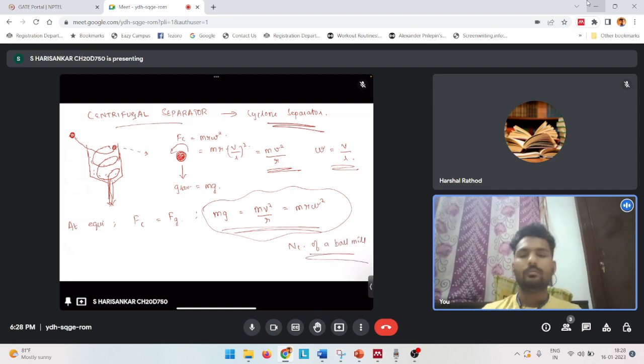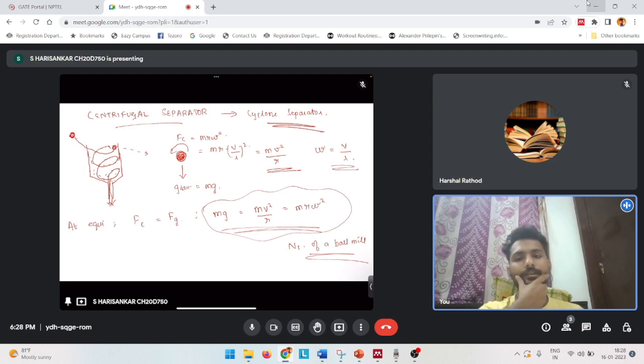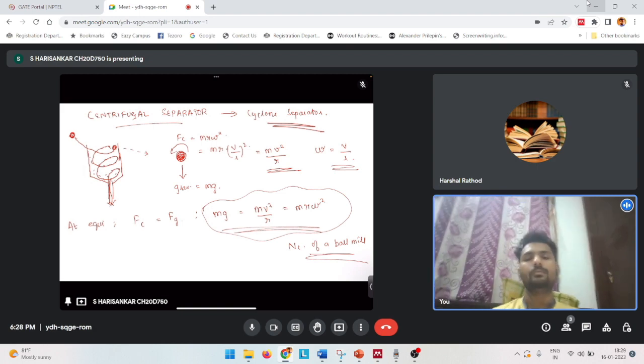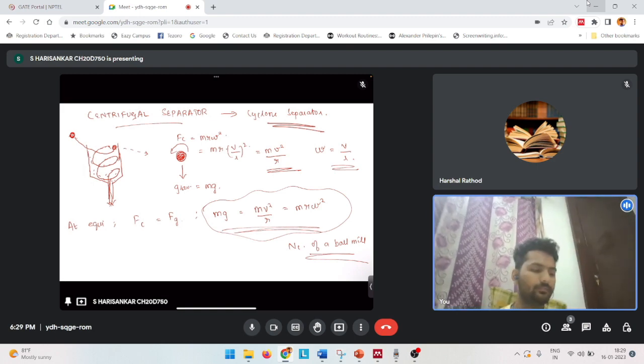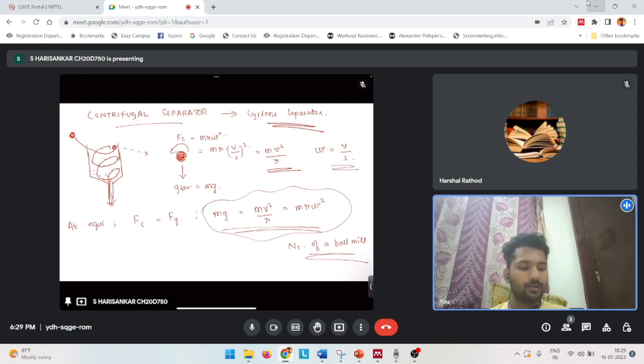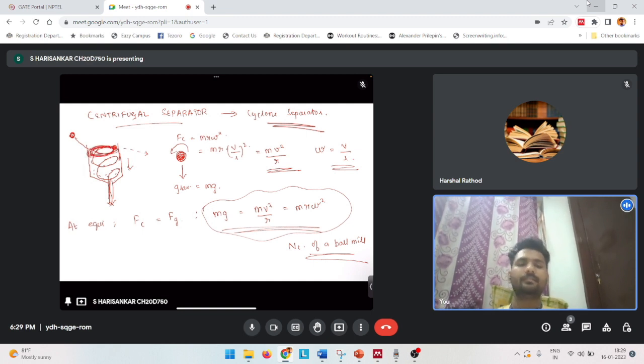There also we took the equilibrium between the gravitational force and the centrifugal force. So here also it is pretty much the same. But this is not required in a cyclone separator, because if the particle is at equilibrium, it won't be moving downwards. It will just keep rotating like this, because both these forces are in equilibrium. So we don't need this equilibrium here for a cyclone separator.